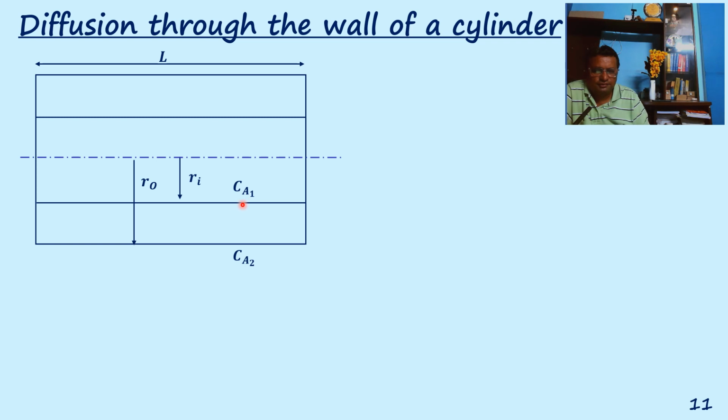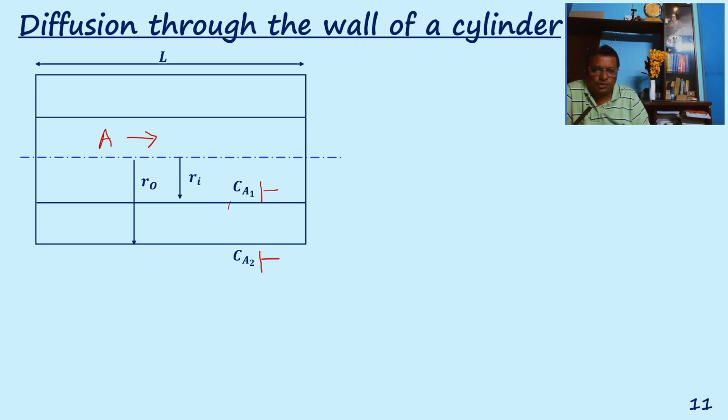At the inner surface, you have a concentration of A. Let us say that A is flowing through this cylindrical section, and at the inner surface the concentration of A is Ca1, whereas at the outer surface the concentration is Ca2.